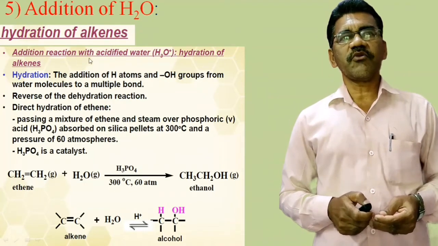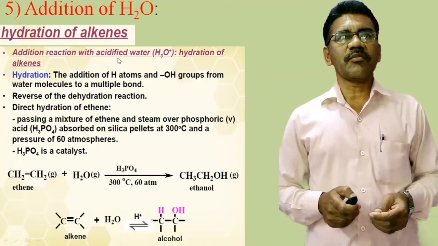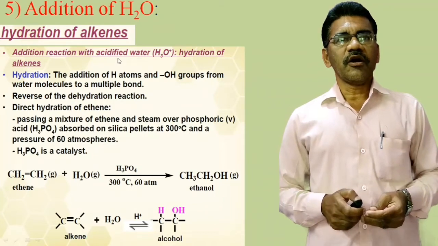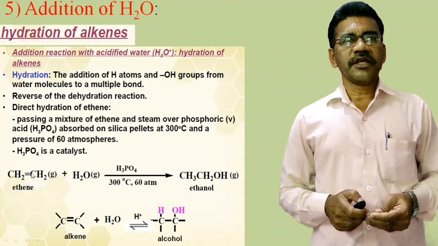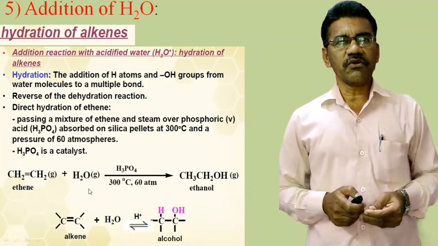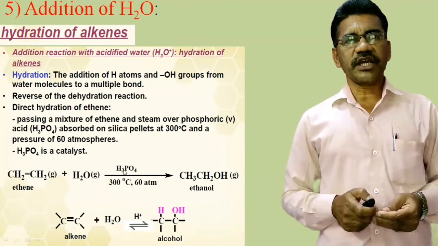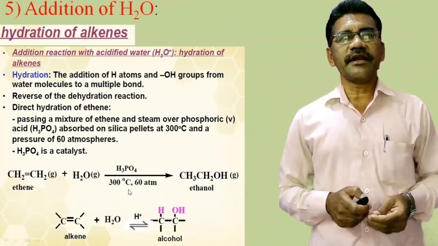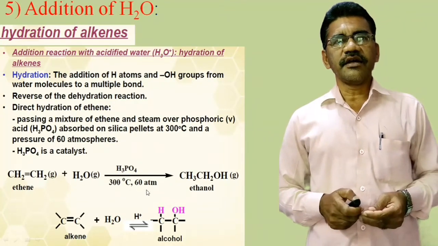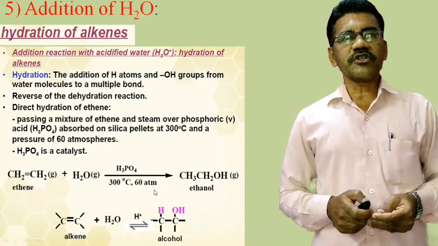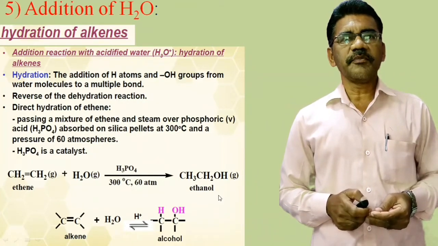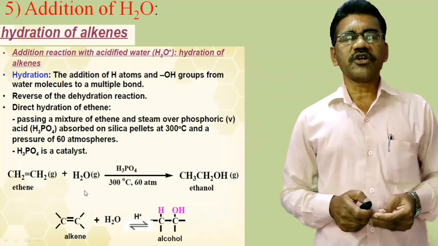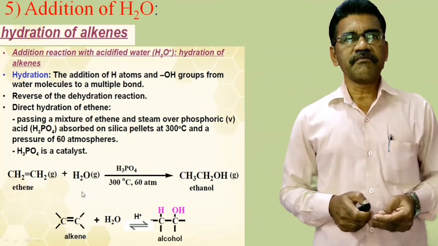Hydration means addition of a water molecule across the carbon-carbon double bond of the alkene molecule. For example, ethene reacts with H2O in presence of phosphoric acid at 300 degrees Celsius and 60 atmosphere pressure to form ethanol. In the presence of acid, the formation of alcohol takes place.